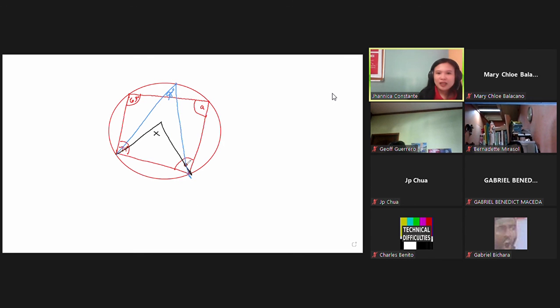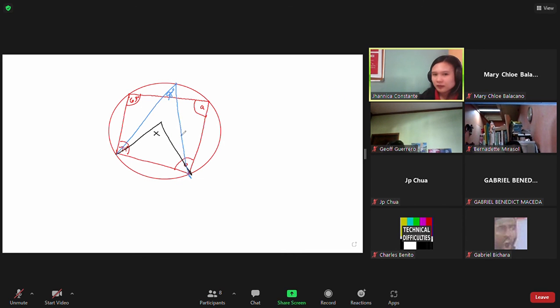For example, we have this triangle and quadrilateral inside of our circle. So we're going to solve for angle A, angle B, and angle X, applying the property of the circle that we have.